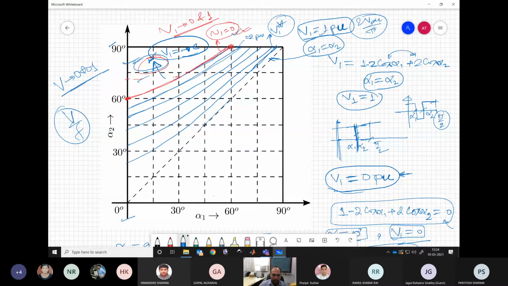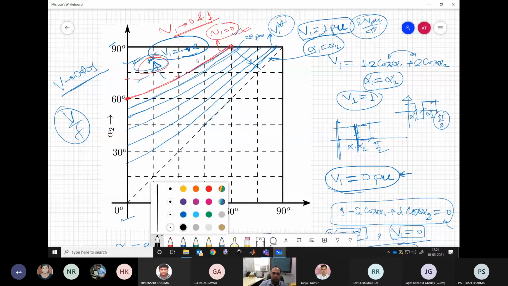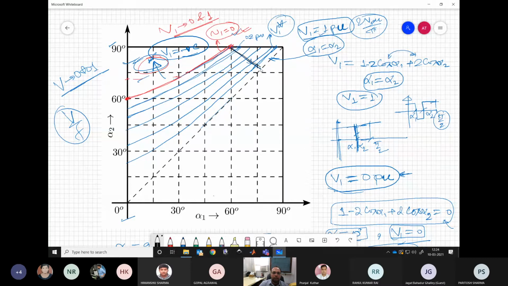So any curve I draw from here to here, let's say I draw it in black, let's say this curve AB, or there could be anything else like this CD, or anything like this EF.